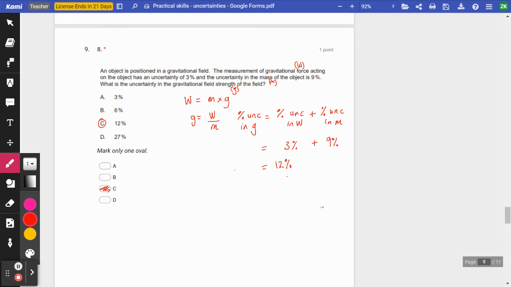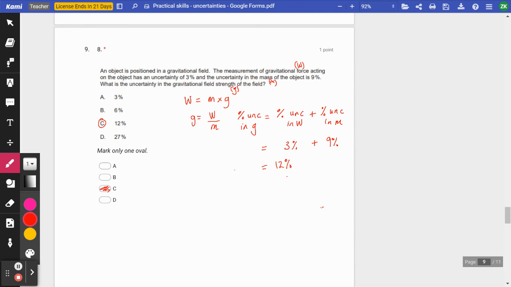So what formula do we know that connects weight, mass, and gravity? It's W, weight, equals mass times gravity. Okay, from GCSE we know that. And g is equal to weight over mass.